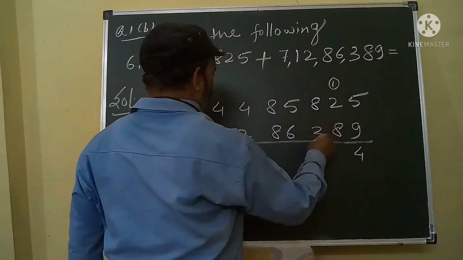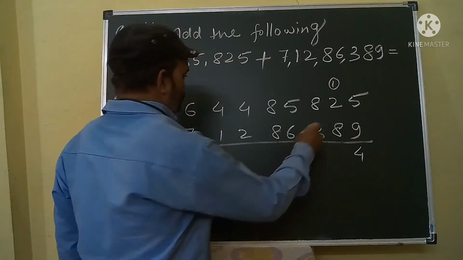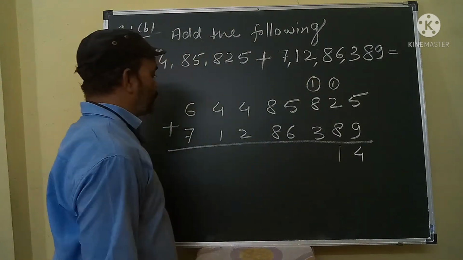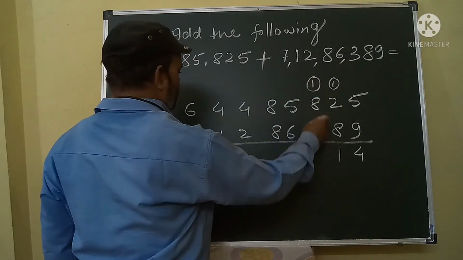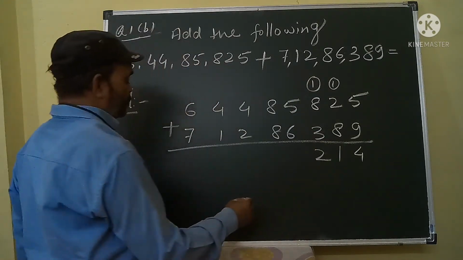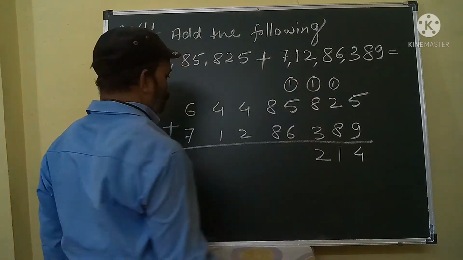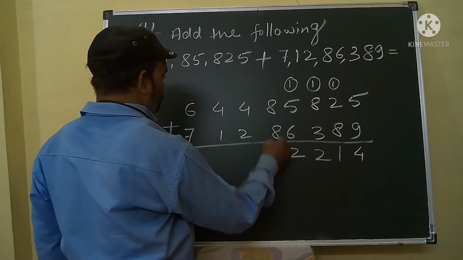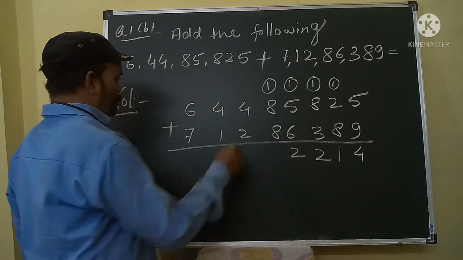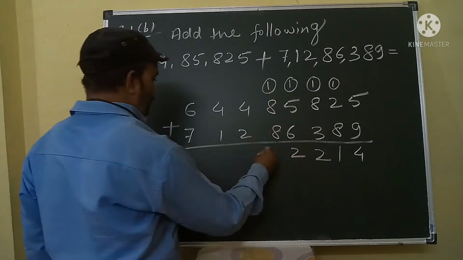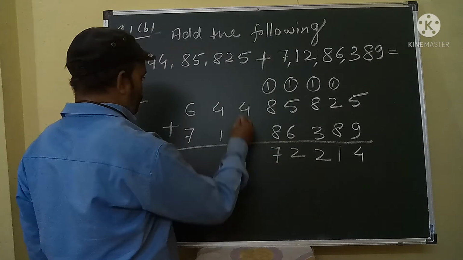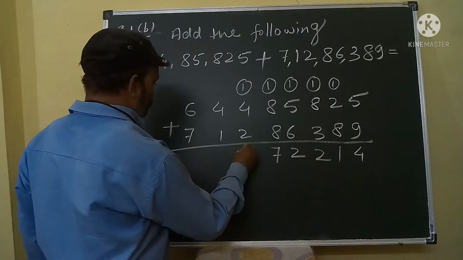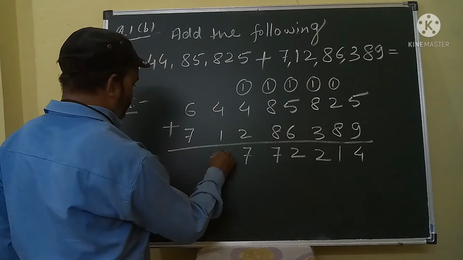Carry over is 1. 1 plus 2, 3. 3 plus 8, 11. This is 1. Carry over is 1. 1 plus 8, 9. 9 plus 3, 12. This is 2. Carry over is 1. 1 plus 5, 6. 6 plus 6, 12. This is 2. Carry over is 1. 1 plus 8, 9. 9 plus 8, 17. This is 7. Carry over is 1. 1 plus 4, 5. 5 plus 2, 7. 4 plus 1, 5.